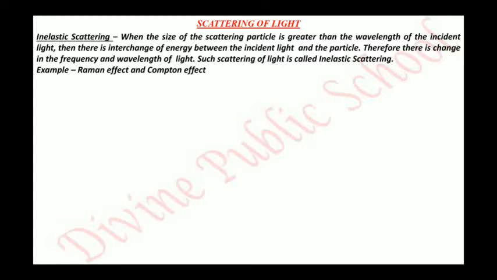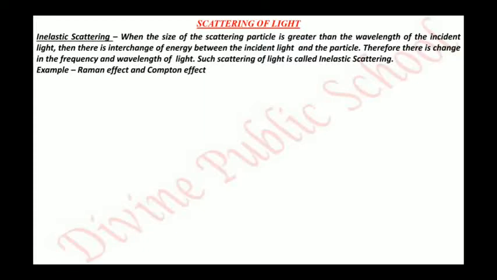Two examples are there. One is the Raman effect and another is the Compton effect. What is the Raman effect? Let me tell you in a line. When a ray of light strikes a particle of greater size than its wavelength, there is a change in frequency and wavelength of the light. This effect is called the Raman effect. And what is the Compton effect?